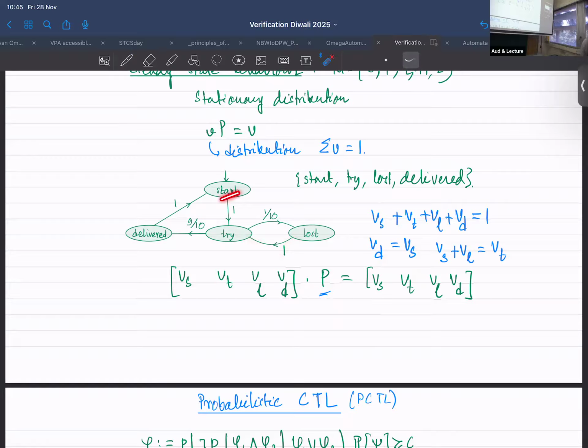So whatever fraction of time I'm here and whatever fraction of time I'm here, their sum will give me the fraction of time I'm here. Okay, then what? I will say 1 by 10 Vt equals Vl. And what else? 9 by 10 Vt equals Vd.